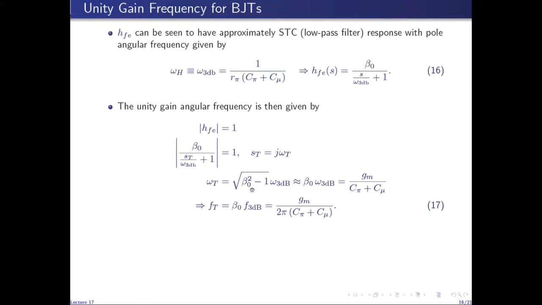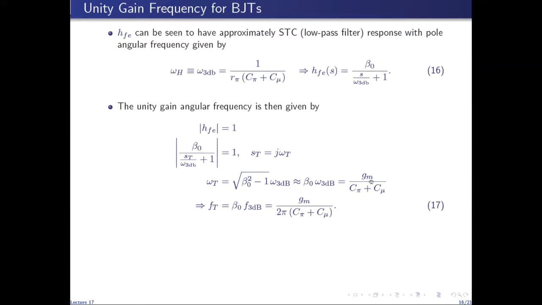So since beta naught has a very large value compared to 1, beta naught square is even larger. So we can approximate beta naught square minus 1 with beta naught square, which will give us omega t as beta naught times omega 3 dB. Beta naught is GM R pi. Omega 3 dB is given by this expression.